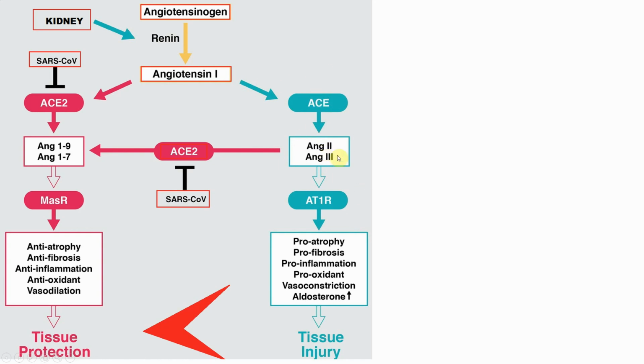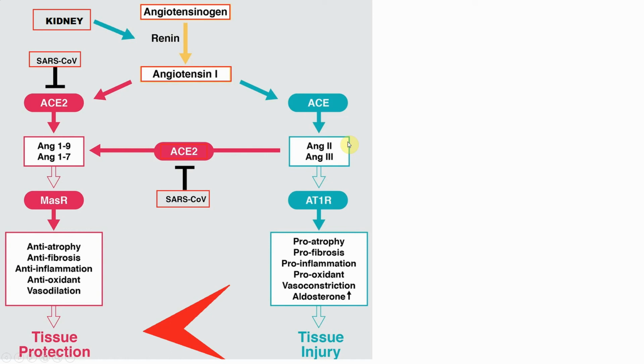Both of them can bind to the AT1 receptor, which can cause vasoconstriction and also increase the blood pressure and increase the production of aldosterone and ADH, but mainly also can cause a pro-inflammation process and activation of atrophy in the vessel, and can cause tissue injury.